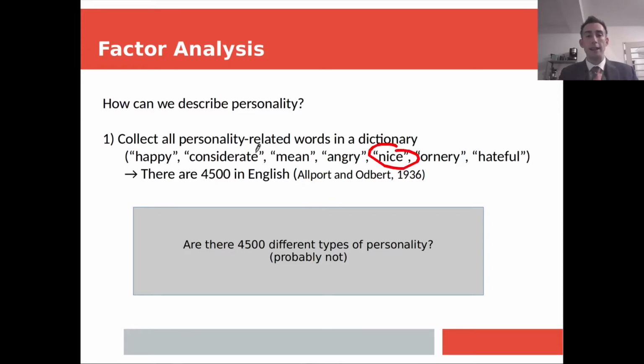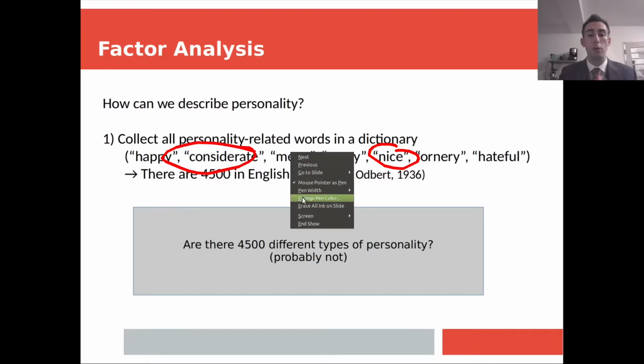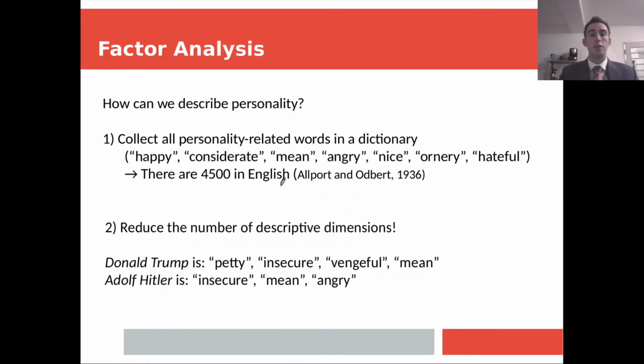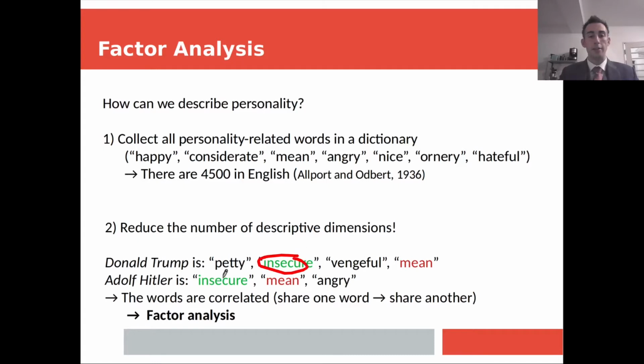Maybe nice and considerate are similar. The same people will use these two words to describe the same people most of the time, right? So what we do is we reduce the number of dimensions by combining people that are both this and this together into one category. So for example, sort of negative example here, Donald Trump is petty, insecure, vengeful, and mean. Adolf Hitler was insecure, mean, and angry, right? We can see that they share insecure and they share mean, right?